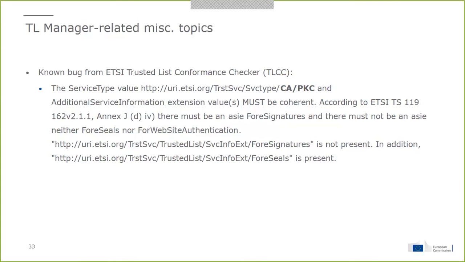Second thing, it is not on the slide, but worth mentioning again. Some people in the survey complained about the fact that it seems that the confirmation email is not present when publishing a new trusted list. So as you have noticed, when you publish a trusted list, we detect this publication and we confirm that we have correctly detected it.